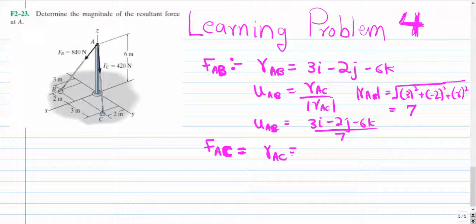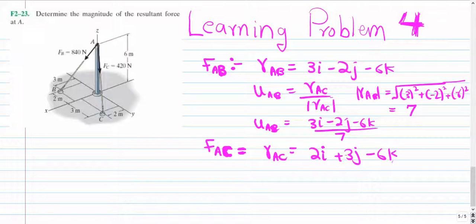Sorry about that. Okay, so now from A to C, the length in the x direction is equal to 2i, while the length in the y direction is 3, so plus 3j, and the length in the z direction is 6, but it's downwards, so negative 6k, since it's towards the negative z direction.